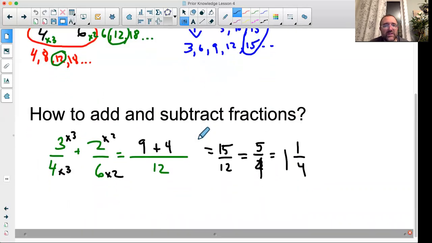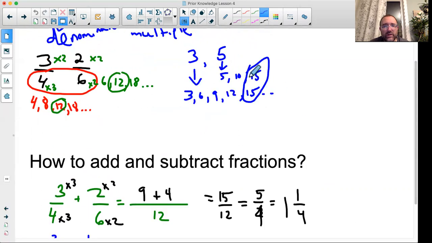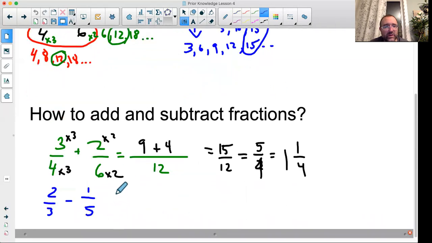So the same thing happens if you subtract. And we'll quickly do another example here. 2 over 3 minus, let's say, 1 over 5. We said earlier 3 and 5 is 15, so we could just go directly into that one. 15, we found the lowest common denominator.